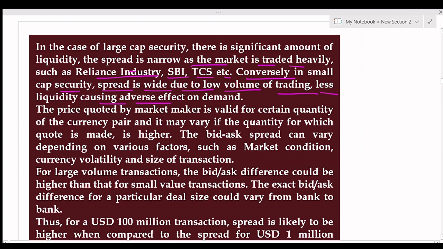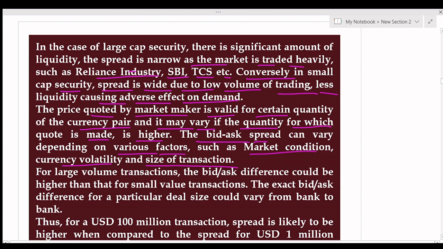Small cap securities have low volume of trading and less liquidity, causing an adverse effect on demand. The price quoted by a market maker is valid for a certain quantity of the currency pair and it may vary if the quantity for which the quote is made is higher. The bid-ask spread can vary depending on various factors such as market condition, currency volatility, and size of transaction.